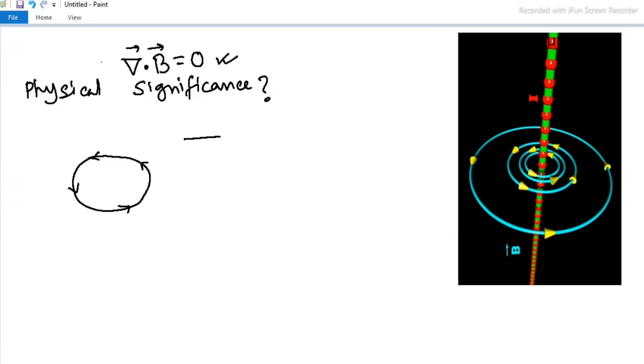Suppose for any vector I want to find out the divergence, just like your magnetic field.